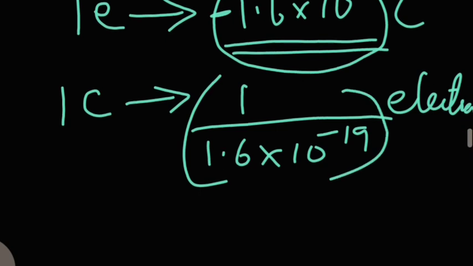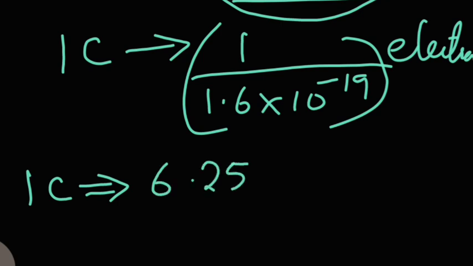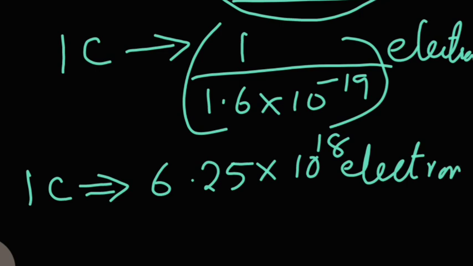So if you calculate that, you will see that the value of 1 coulomb will be equal to the charge on 6.25 multiplied with 10 raised to 18 electrons. So if you have 6.25 into 10 raised to 18 electrons, then we have 1 coulomb of charge there.